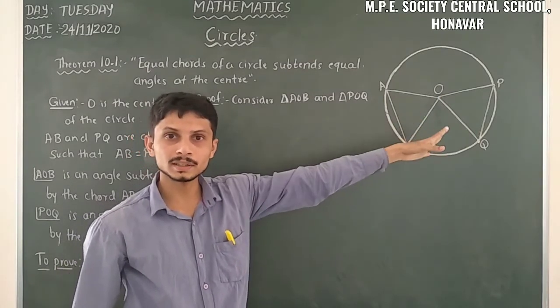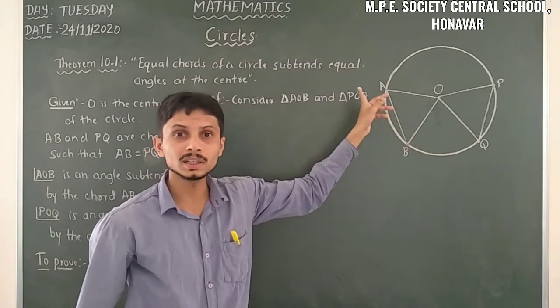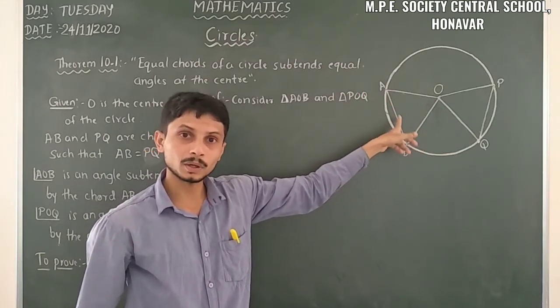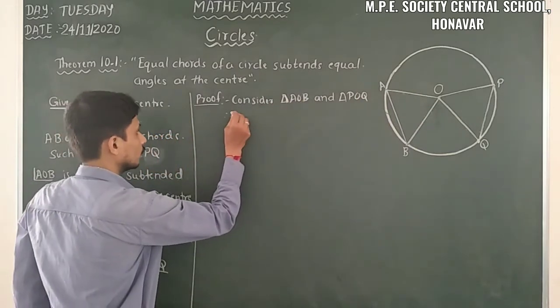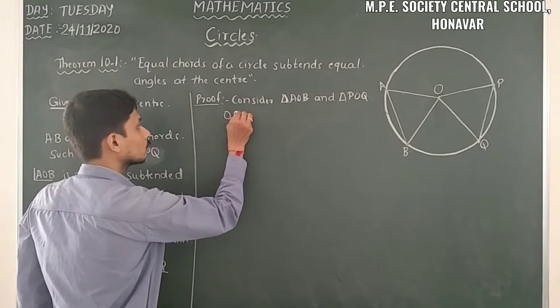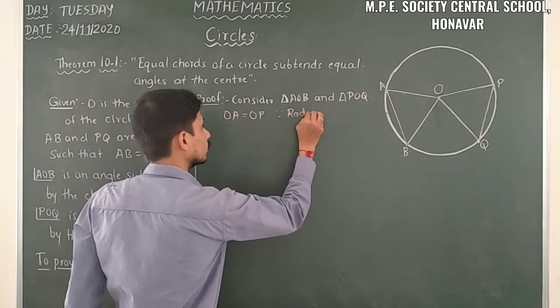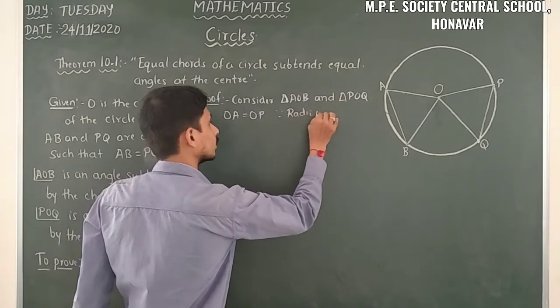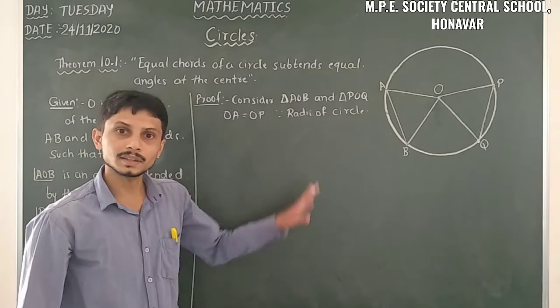Those two are lines joining a point on the circle with the center. Therefore, OA is equal to OP because they are radii of the circle. All the radii are equal.